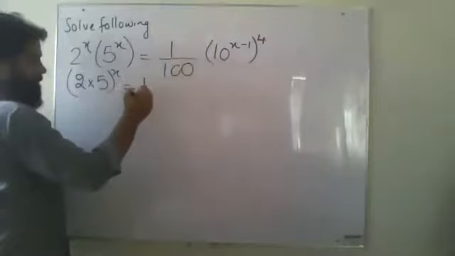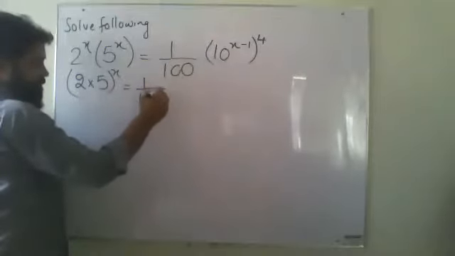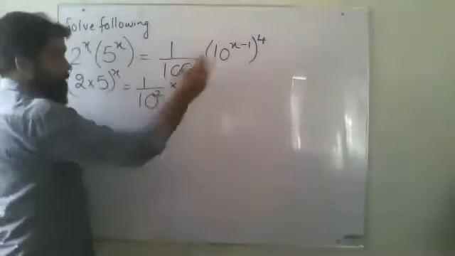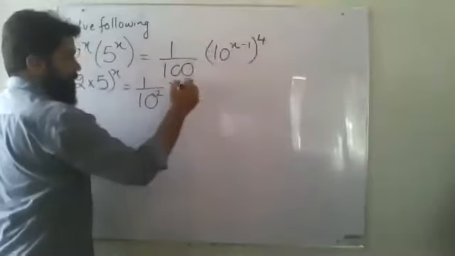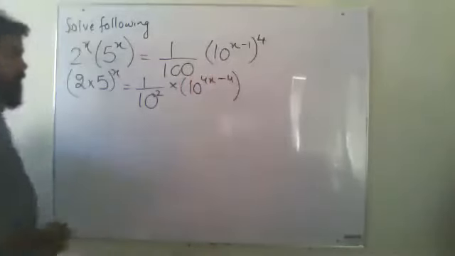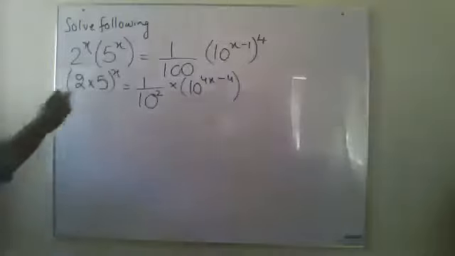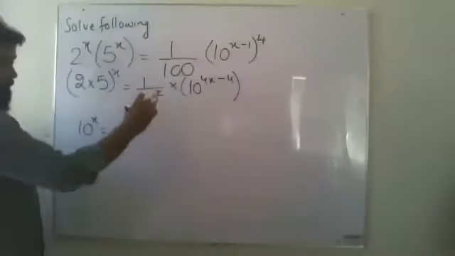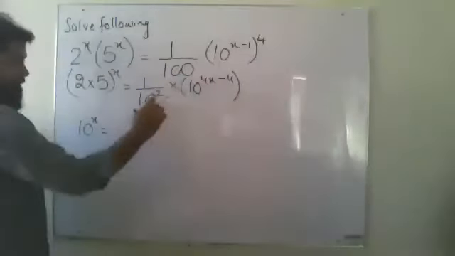1 over 100 can be written as 1 over 10 square. Power on power, power will be multiplied. 10 to the power 4x minus 4. These two fives are 10 to the power x equals to, now this one and this one is being divided.